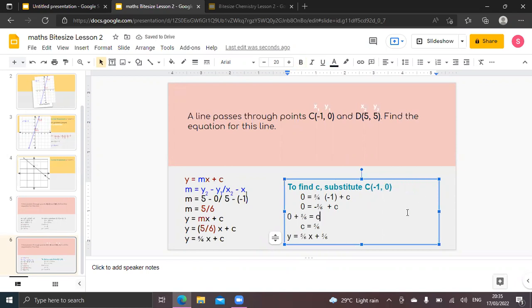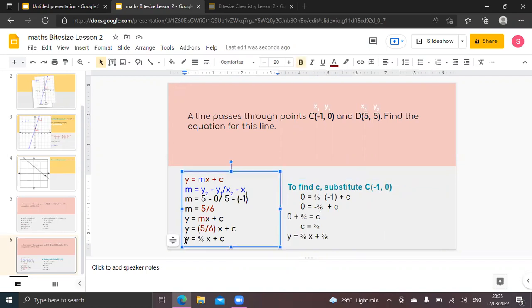So what do I need to do? This is the x value, -1, and this is the y value. So substitute in this equation. Which equation? This one. I'll put it in green so you see it clearly.